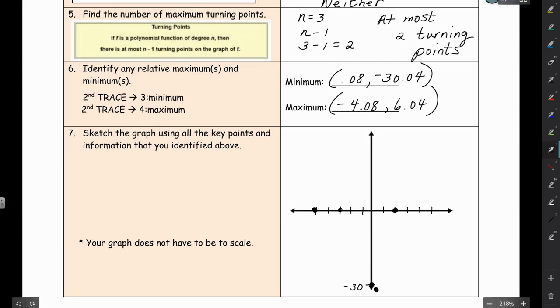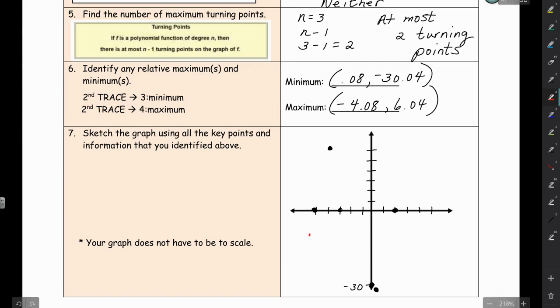And we have a maximum at about -4.6, so right about there. And now we can go ahead and sketch the graph.